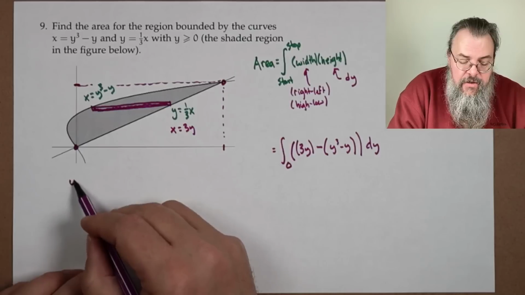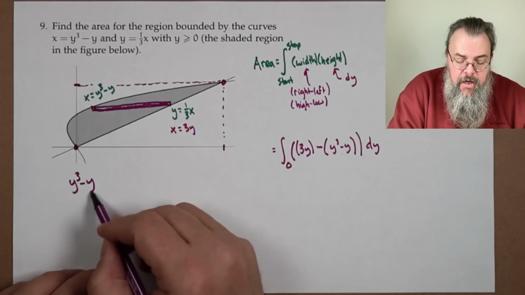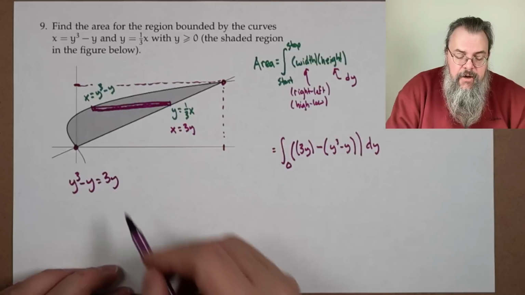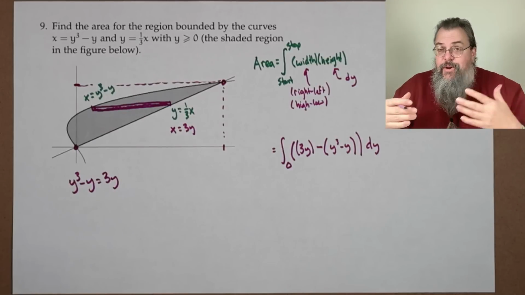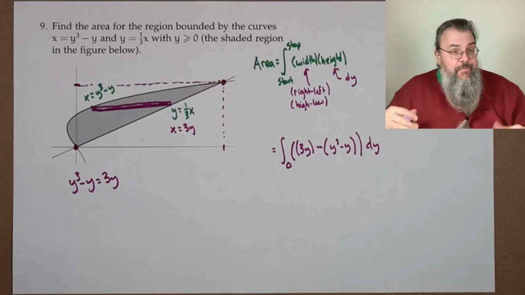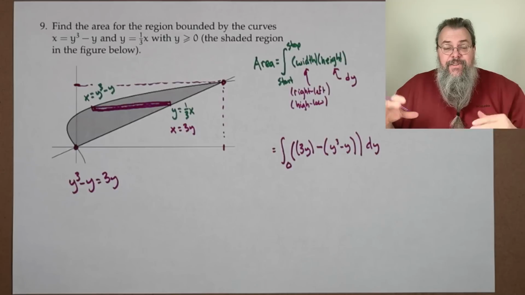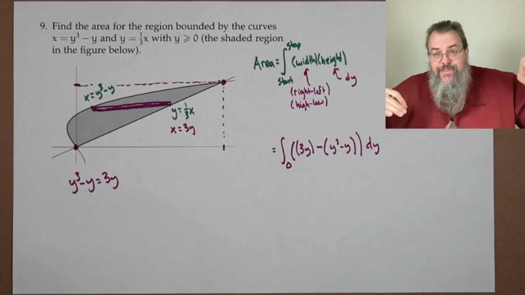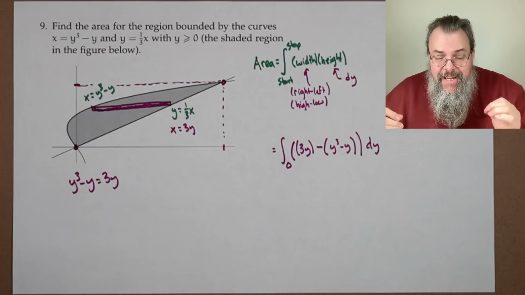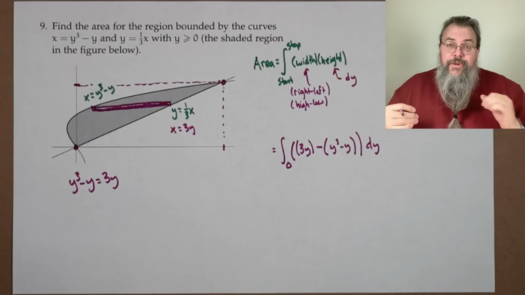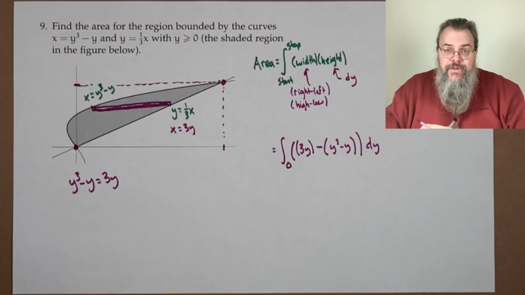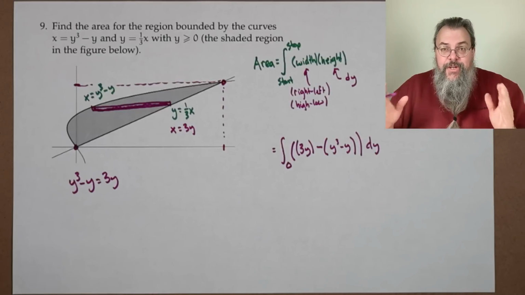When does y cubed minus y equal 3y? You can solve it, or you can start making educated guesses. There's nothing wrong with educated guesses. In fact, a lot of math secretly has the educated guess as a tool that you draw from. Don't underestimate the value of good guesses.